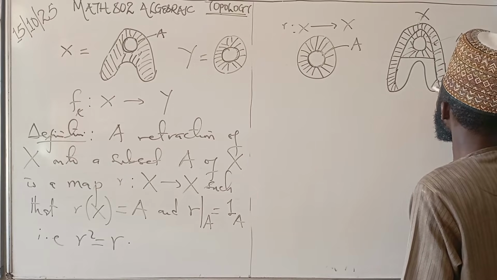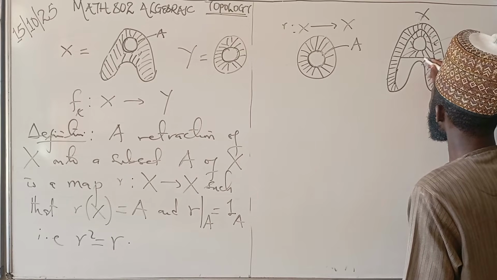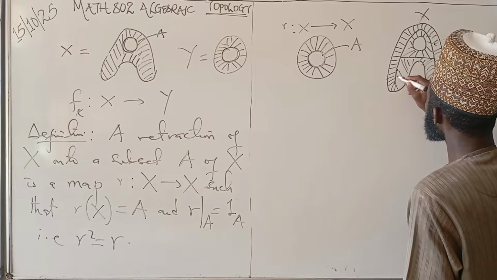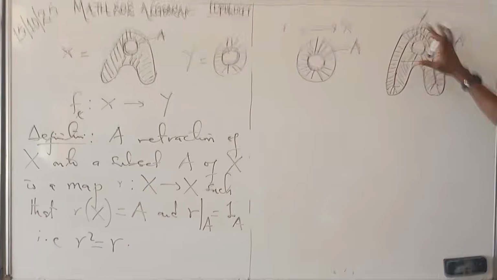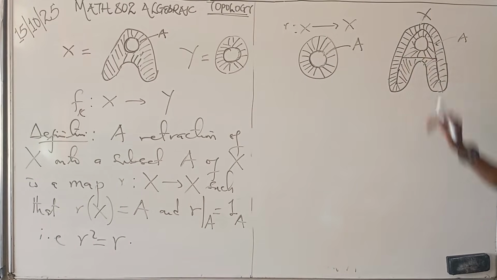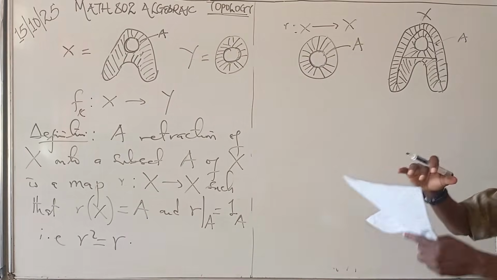But at the end of the day, once you do the mapping R, everything is mapped to the thin A. Everything on the thick A is mapped to the thin A. So we say we have a retraction.